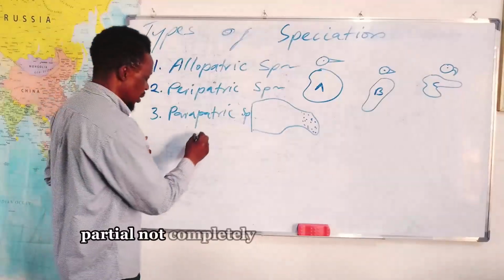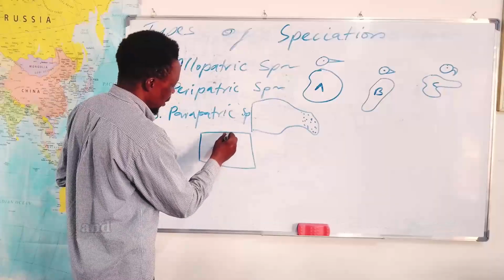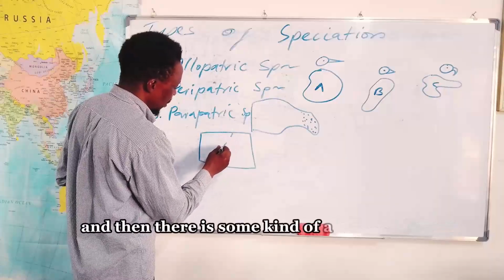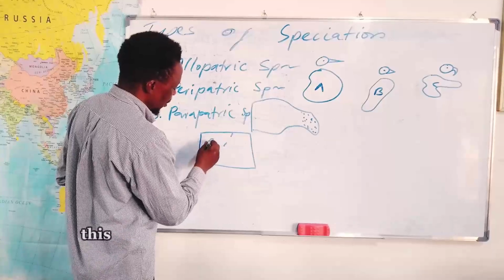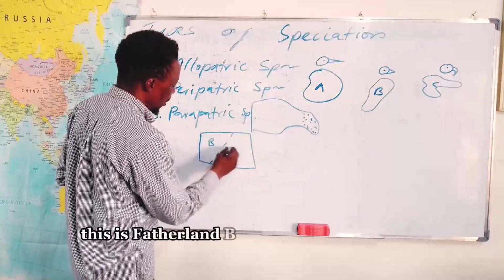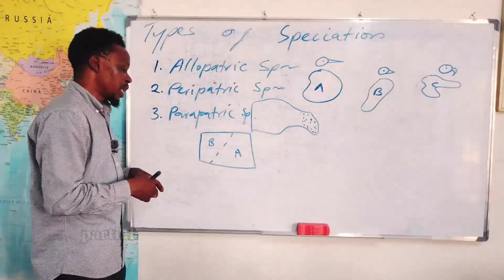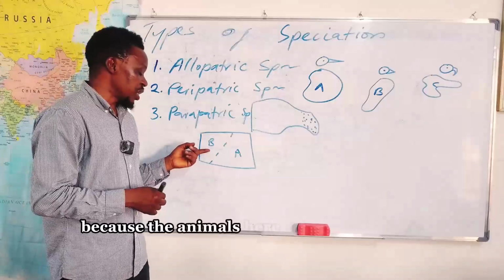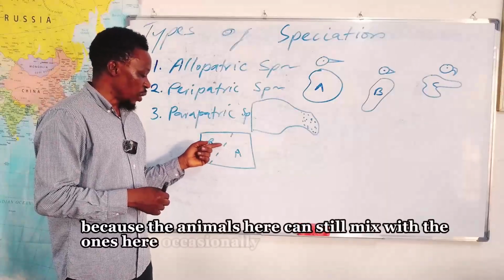Partial, not completely. Let us say this is the piece of land where they are found, and then there is some kind of partial separation here. Some group of animals are here. This is land B, and this is land A. There's a partial separation. Partial because the animals here can still mix with the ones here occasionally.